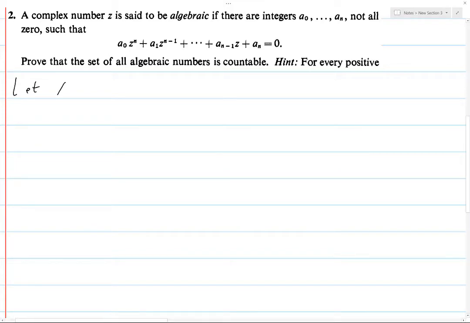So anyways, let A be the set of algebraic numbers.